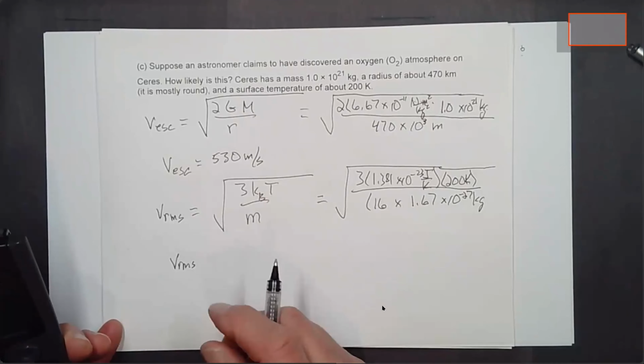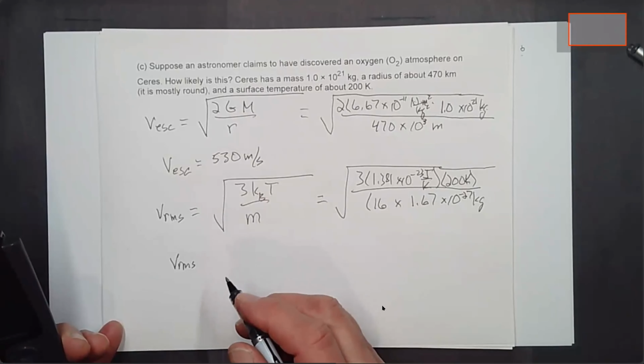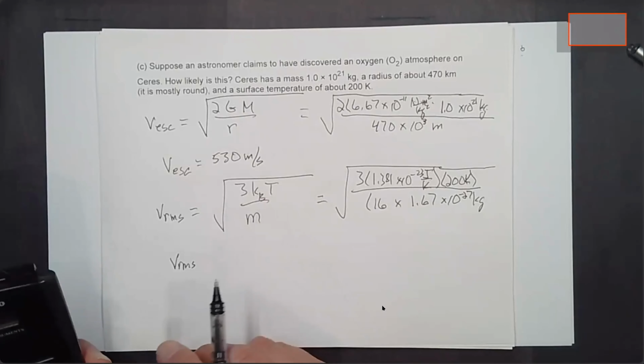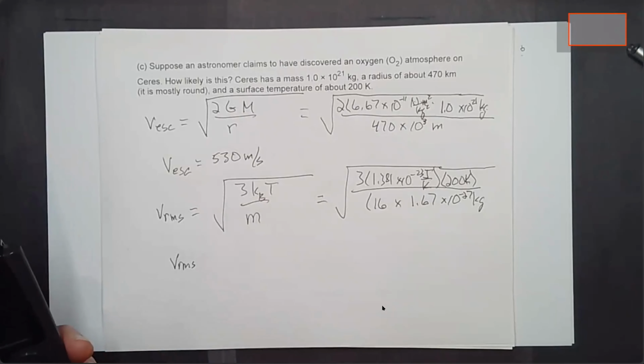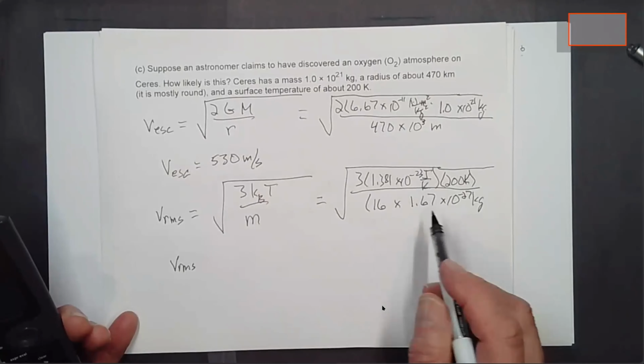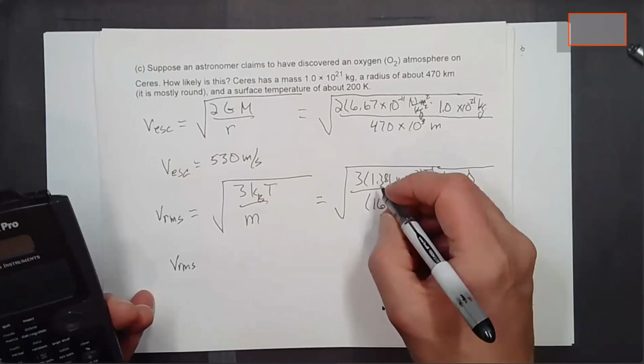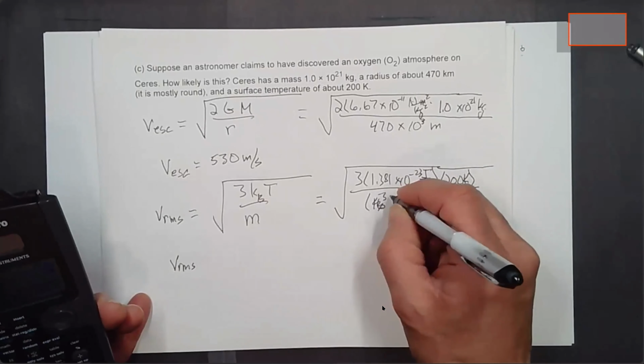I don't know. I got an RMS speed of 570 meters per second, which I think is higher than I had when I did it at room temperature for an oxygen molecule. That just doesn't look right. Oh, I know what went wrong. I put a 16 down here and it should have been 32.